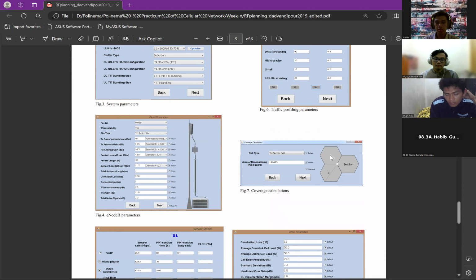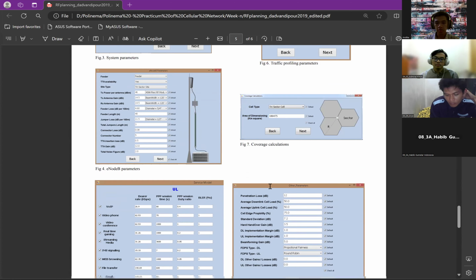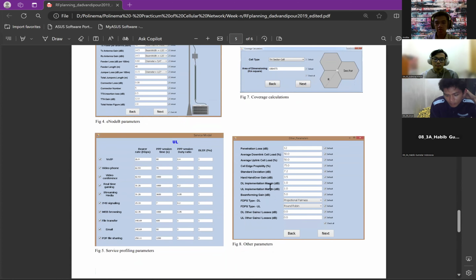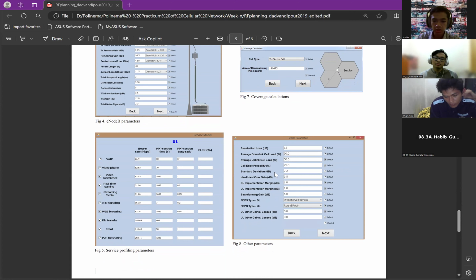Actually, this is an illustration of the coverage in hexagonal shape, three hexagonal shapes. On figure 8, it is about other parameters like penetration loss in decibels, cell edge probability, standard deviation, downlink and uplink implementation margin, and beamforming gain.